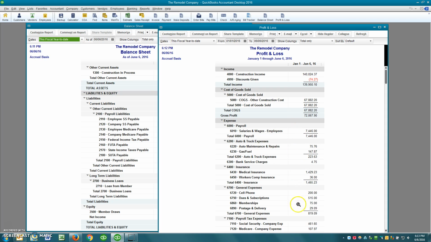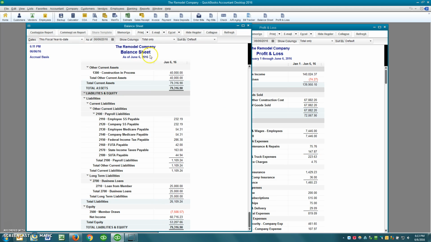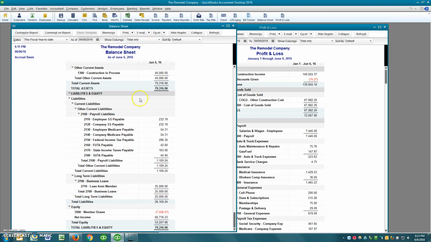I see this way too often where payments are being made and they're put on the profit and loss statement as auto payments, and that is not proper. Why? Because the financed balance is a liability, and so it belongs on the balance sheet.